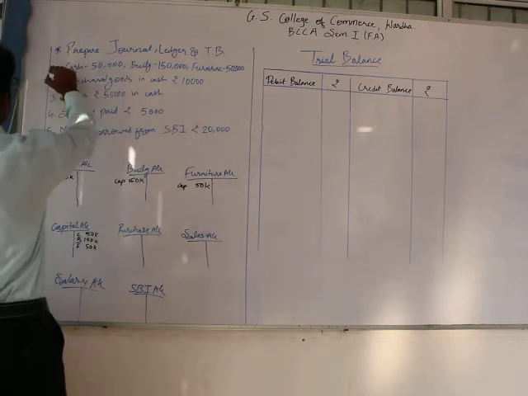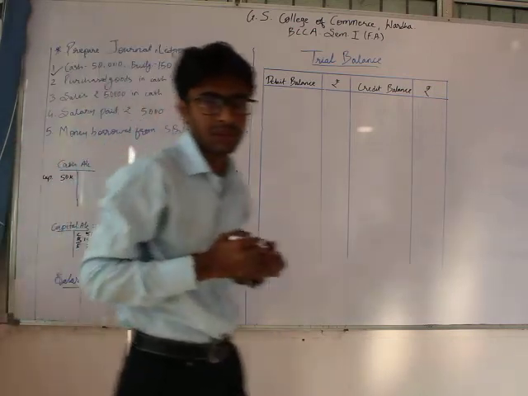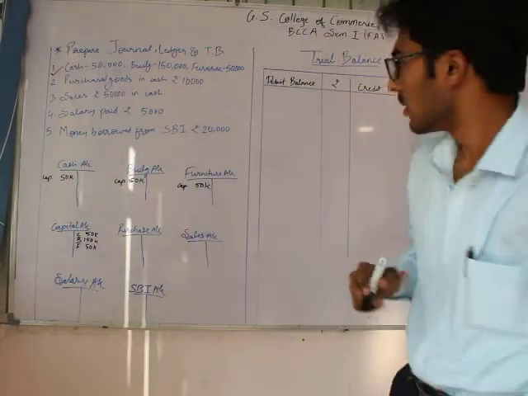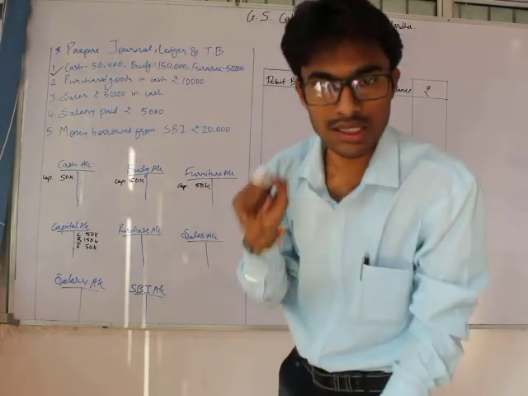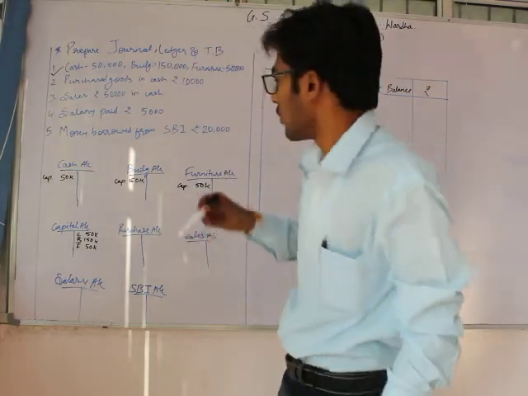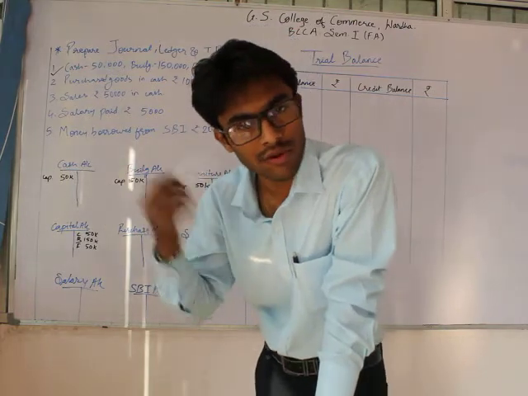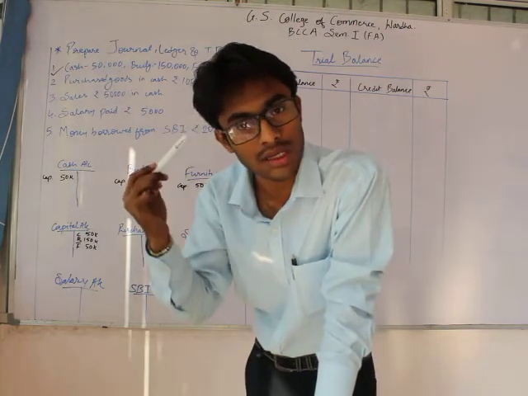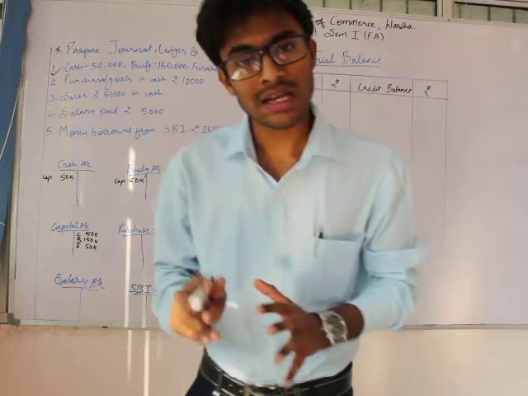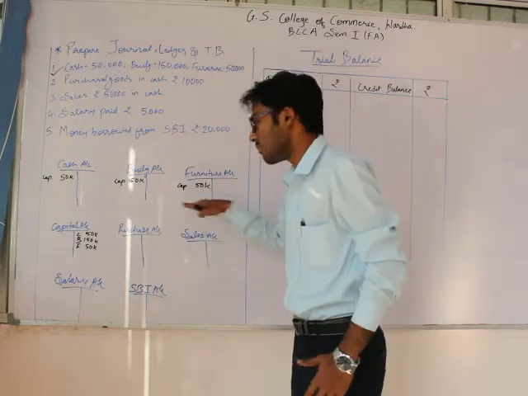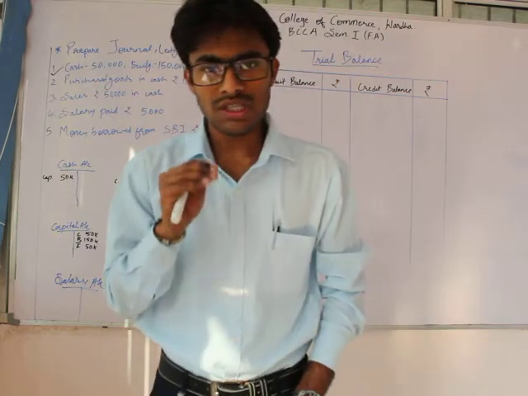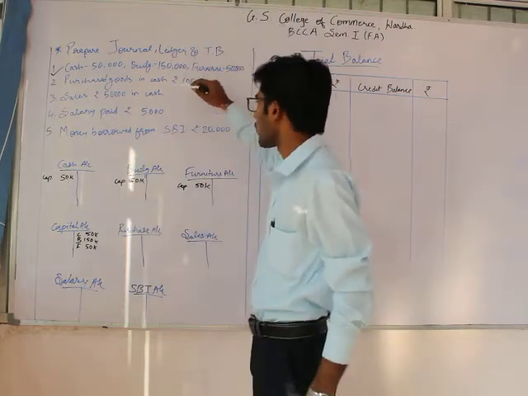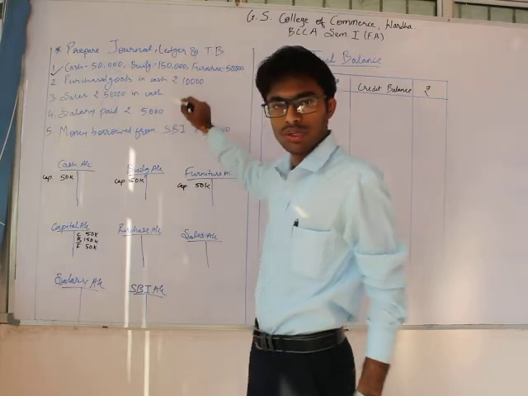Okay, we are done with our first transaction, in which we have passed the journal entries in our mind only, and we are plotting those journal entries in the ledgers. The same process we'll be doing for 2, 3, 4, 5.